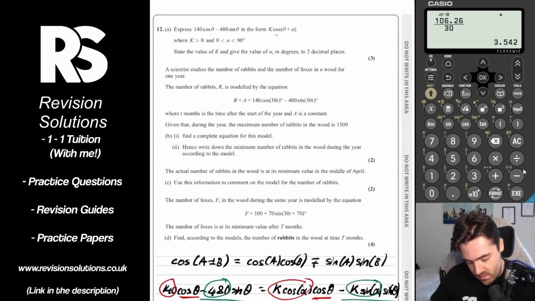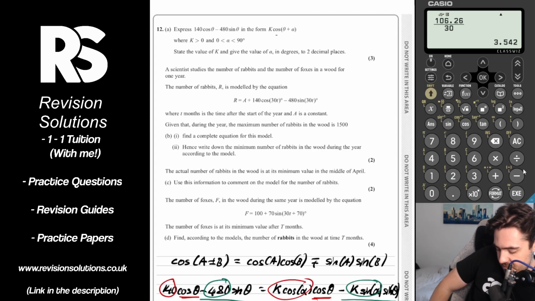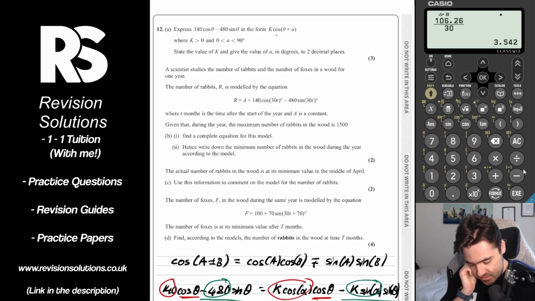Okay, then the last bit. It says the number of foxes F in the wood during the same year is modeled by another equation. The number of foxes is at its minimum after T months. Find, according to the models, the number of rabbits in the wood at time T months. So we need to first find this value of T where the foxes are at a minimum, and then plug that back into R to find the rabbits at that time.